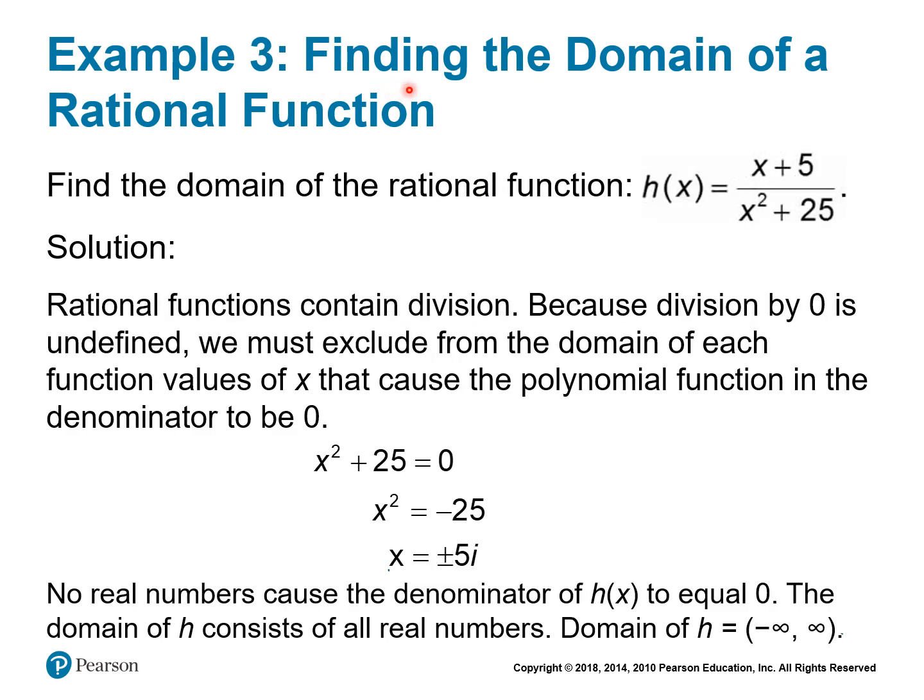Now, one last example on finding the domain of rational functions. This particular function h of x equals x plus 5 divided by x squared plus 25 is a little bit tricky, as well as its domain. So we have here in the denominator x squared plus 25, and we have to make sure that x does not end up taking a value that will make x squared plus 25 equal to 0.